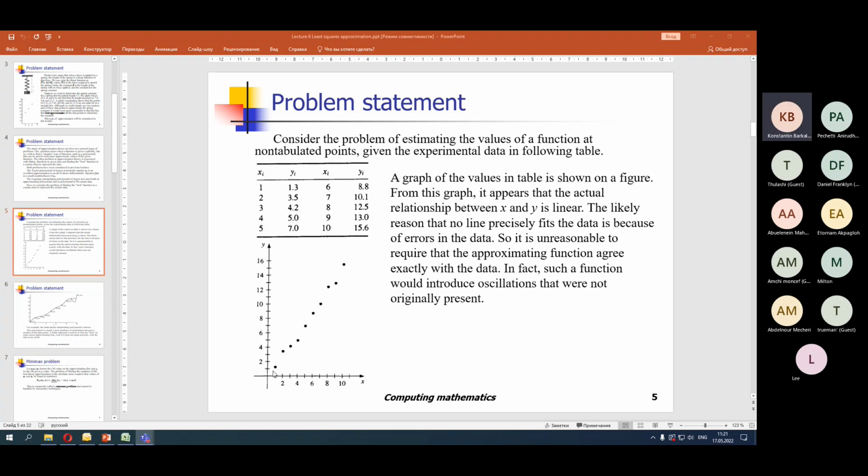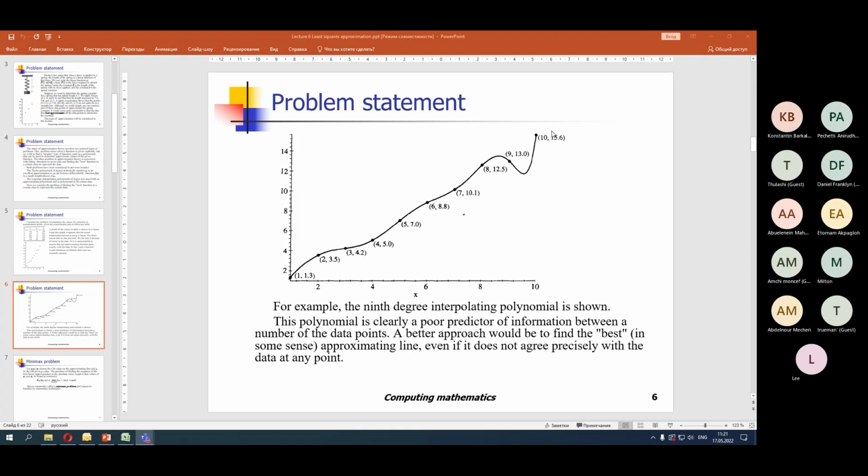But it's just another scale, and the situation is the same. These points lie somewhere near the line, but we can try to find an interpolating polynomial that interpolates this data.